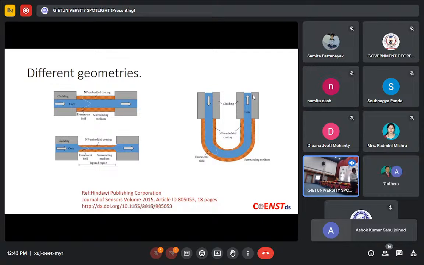So this is a straight fiber where I have taken out this cladding: a clad-removed optical fiber. Similarly, here we have a bent fiber. This is an ordinary bent fiber. When you bend the fiber, definitely the amount of light which will come out will increase, and therefore it can be more appropriate as a hydrogen-based sensor. Okay, these are the common geometries.